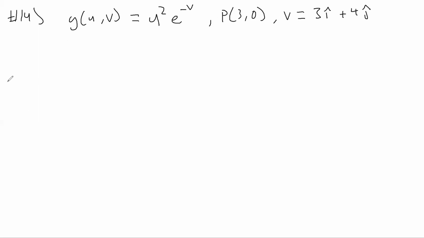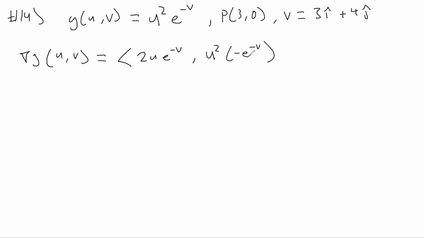All right, so in order to find the directional derivative, I first need the gradient vector of g, not f, at the point (3, 0). So let me start with the gradient of g. That's the vector g sub u, which is 2u e to the power negative v, comma u squared multiplied by negative e to the power negative v.